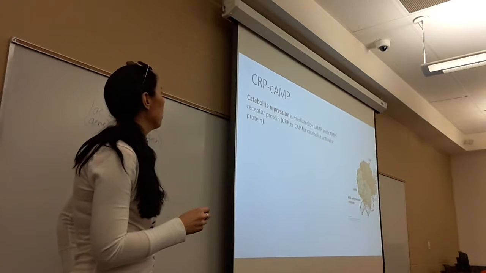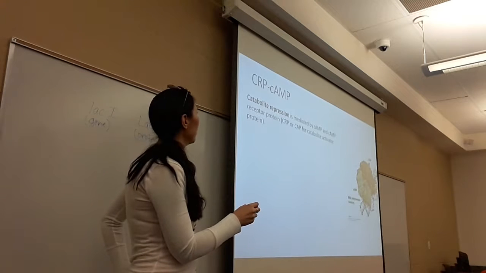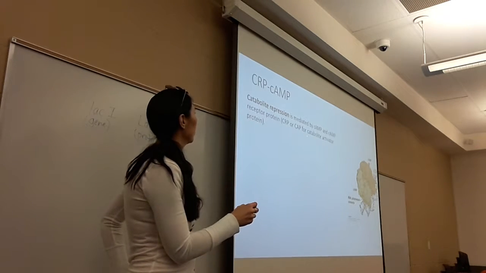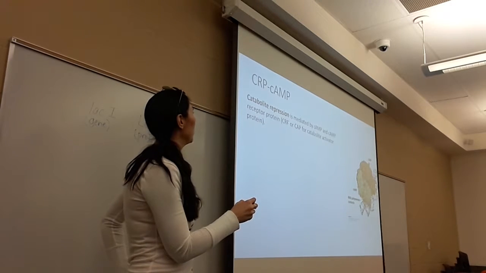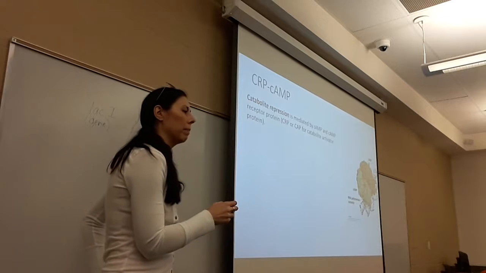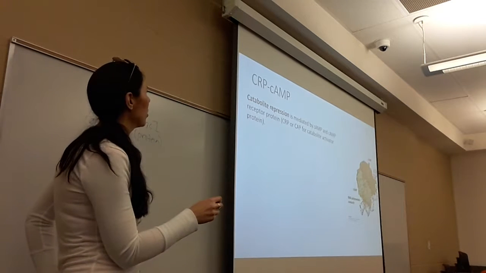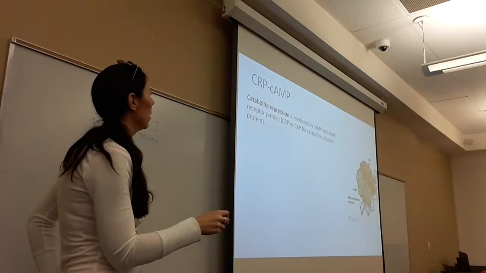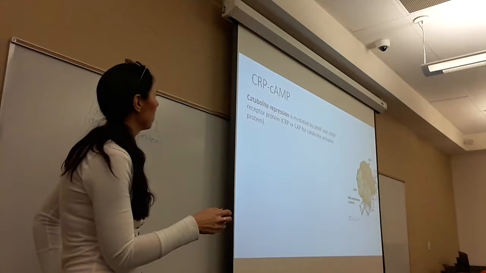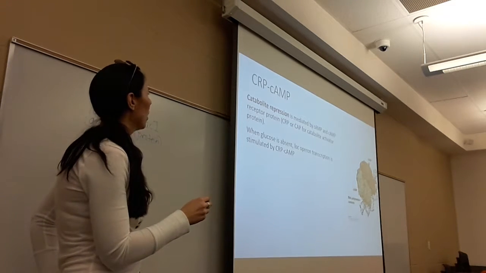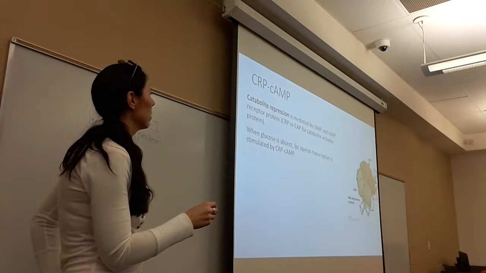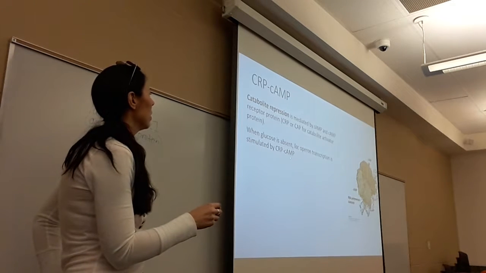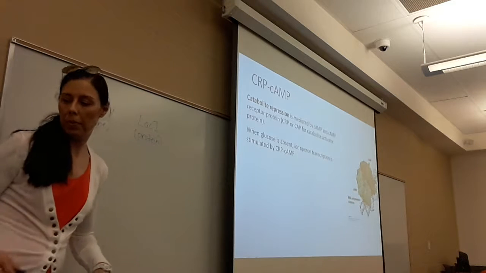The catabolite repression is mediated by cyclic AMP and the cyclic AMP receptor protein, or the catabolite activator protein, depending on your book, CRP or CAP. So catabolite repression is mediated by those two molecules, cyclic AMP and the CRP protein. When glucose is absent, cyclic AMP goes up.